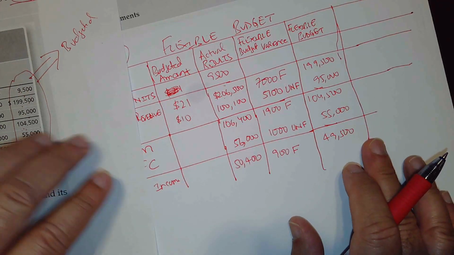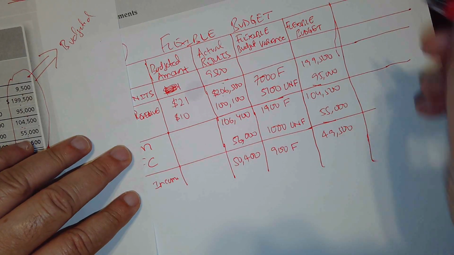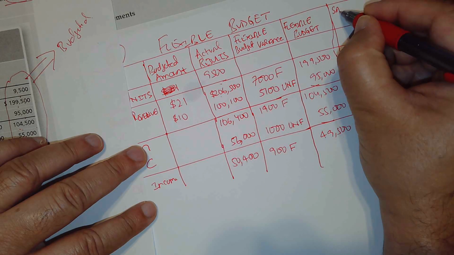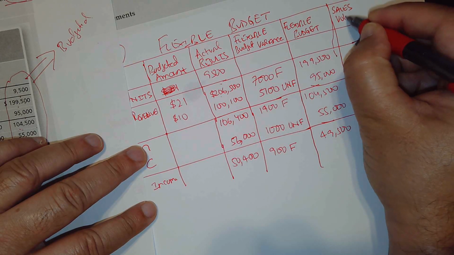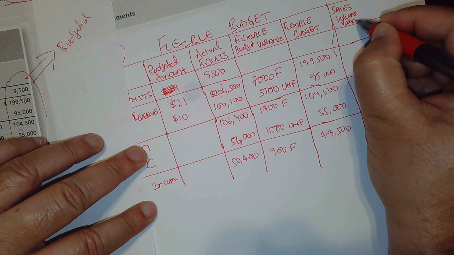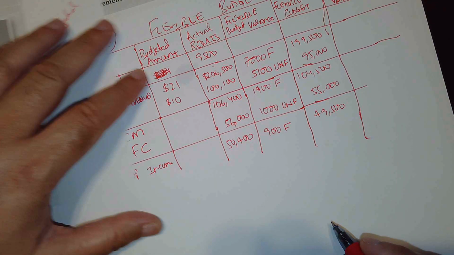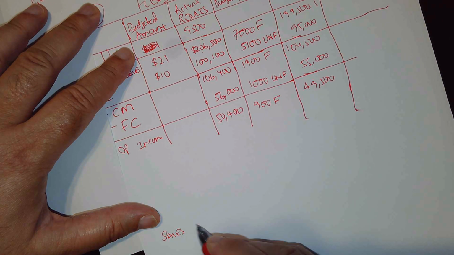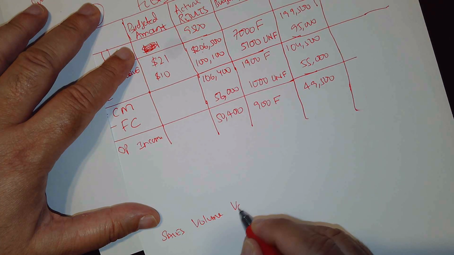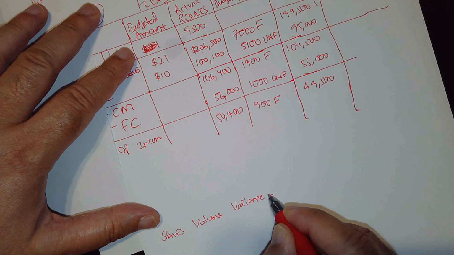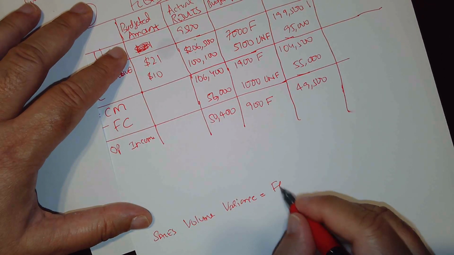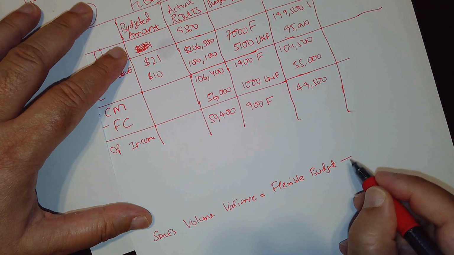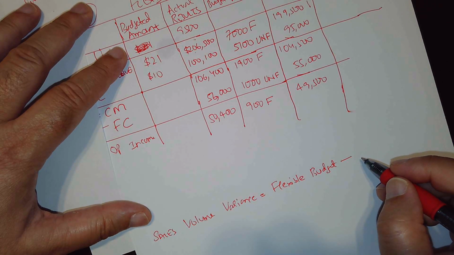Now we have to calculate the sales volume variance. So the sales volume variance, I'm going to write this thing down over here for you. Sales volume variance is equal to flexible budget minus a static budget.